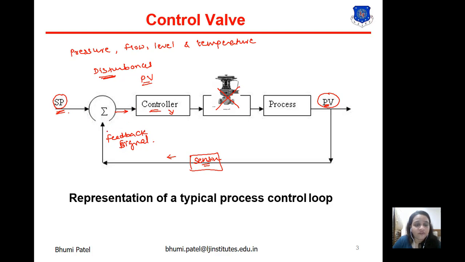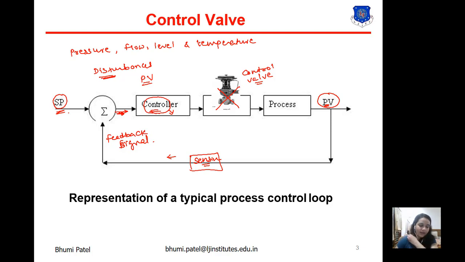After the summing point, a new input signal is generated, which is controlled by the controller. And whenever we get this type of signal, then we can connect the final control element. Here the most common type of final control element in the process control loop is a control valve. So this is the main function of the control valve.